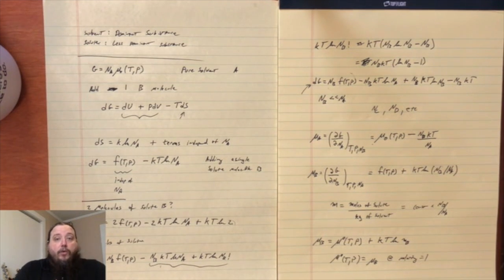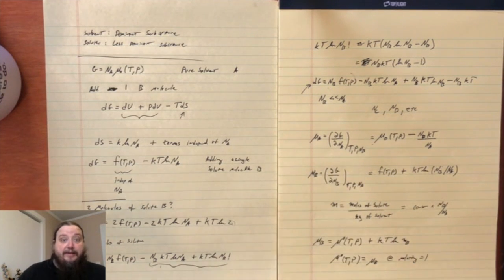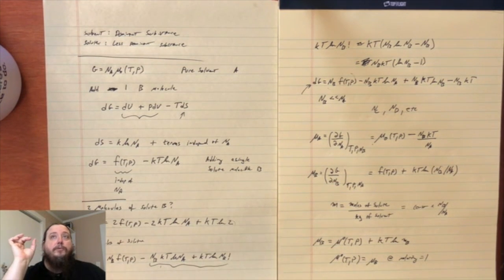And if we're working at fixed temperature and fixed pressure, then lowering the chemical potential is akin to lowering the Gibbs free energy. Again, we're not dramatically changing the internal energy of our system with this addition as well.